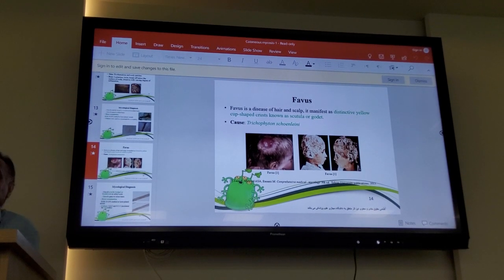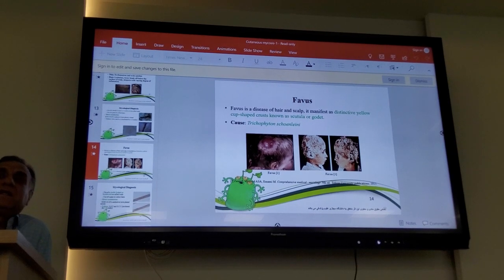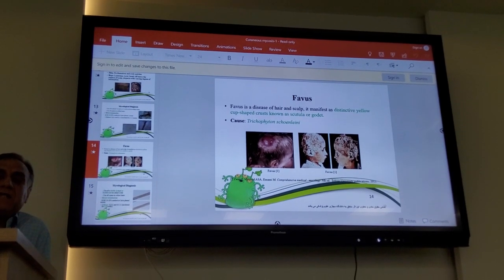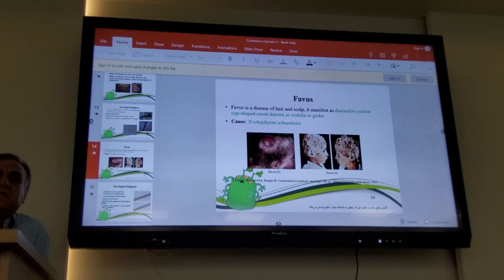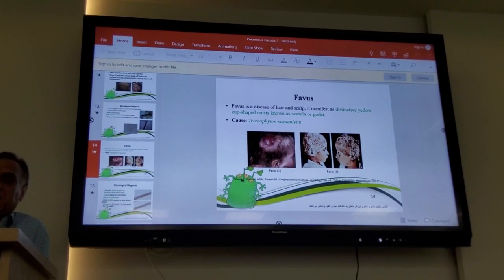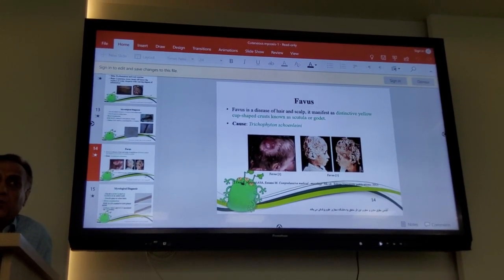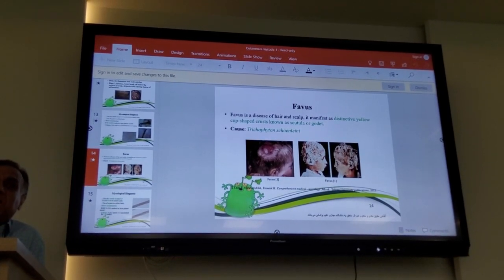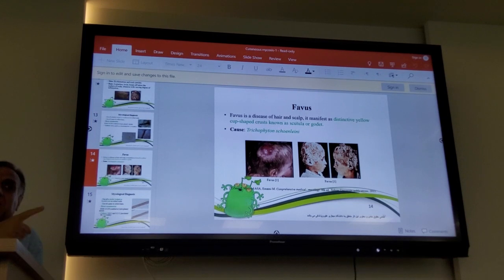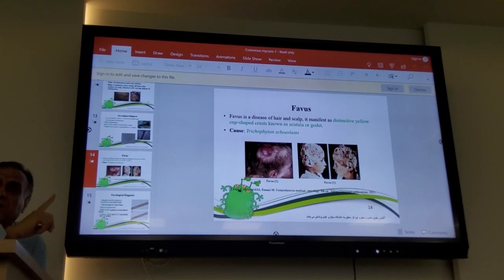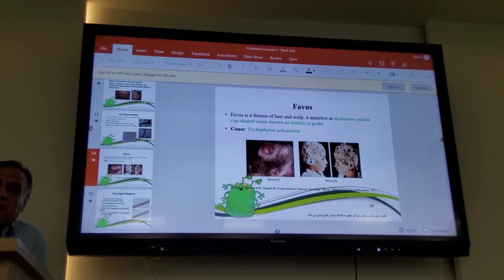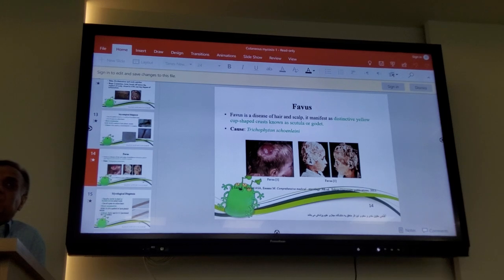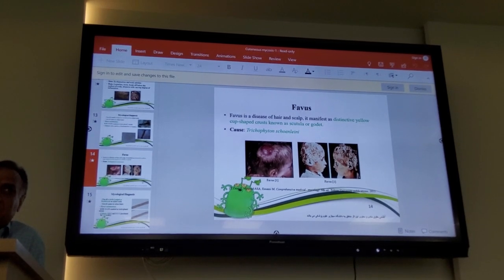But anthropophilic dermatophytes lead to a chronic reaction without much inflammatory reaction, but dermatophytes from zoophilic sources lead to an acute form of infection.